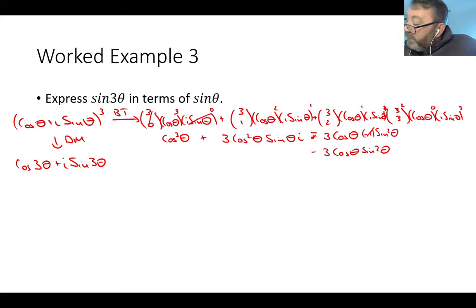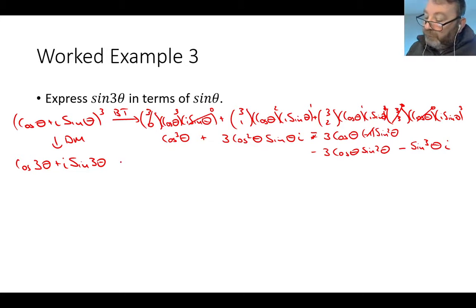And the last one is 3C3. 3C3 is 1, cos theta power 0 is 1, so we end up with (i sine theta) raised to the power of 3. Now i to the power of 3 is i times i times i, but i times i is minus 1, so therefore minus 1 times i is minus i, so that becomes minus sine cubed theta i.